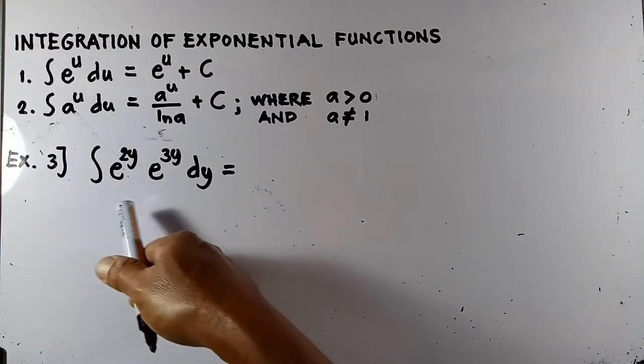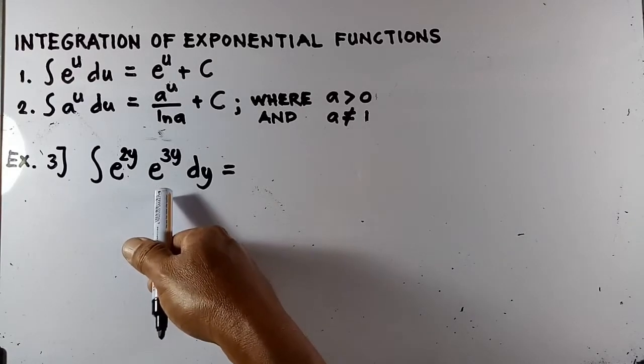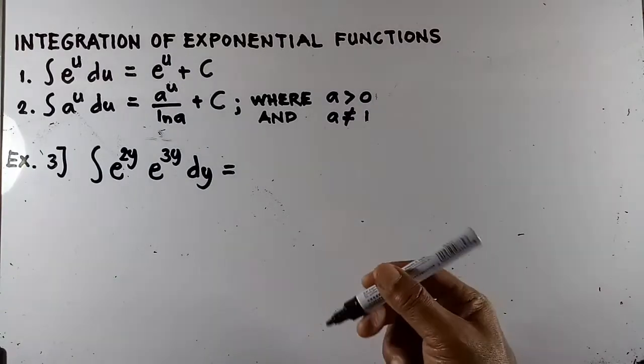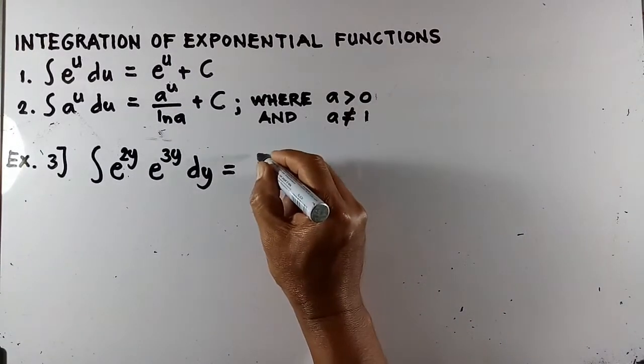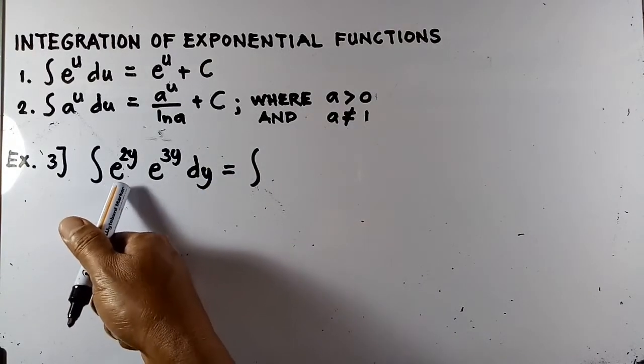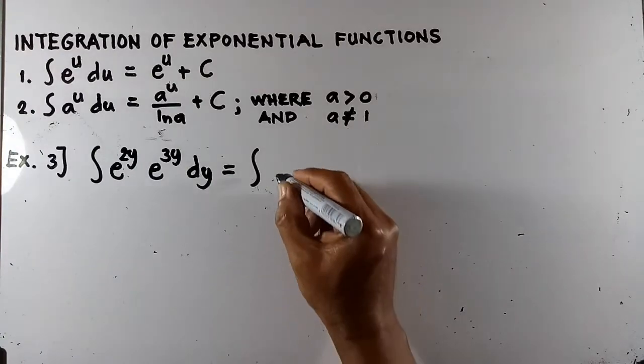Example number 3. Integral of e raised to 2y times e raised to 3y dy. So, ang gagawin natin, no? Mumultiply natin yung e raised to 2y at saka e raised to 3y.